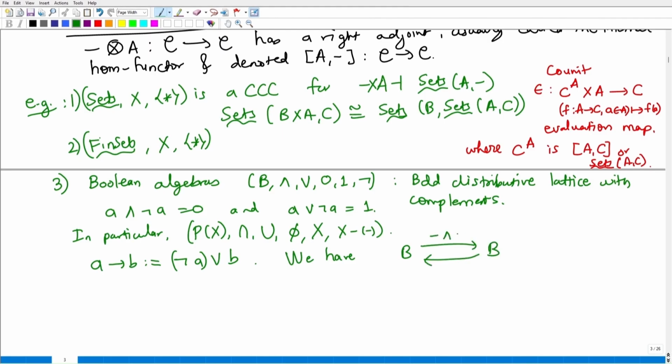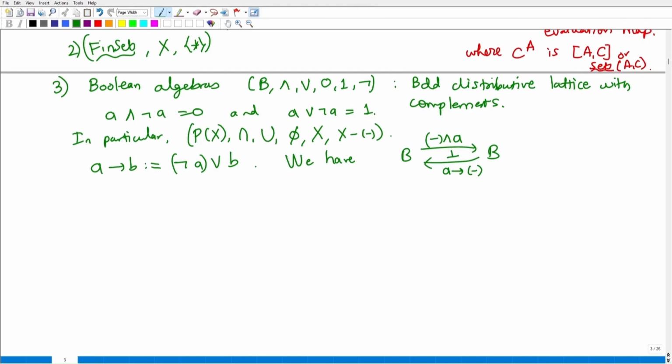The first one is blank meet A. Meet is the product in any lattice, so it's Cartesian, and it has a right adjoint, namely A implies blank, given by this. So this is also a Cartesian closed category. In fact, a small and skeletal category.